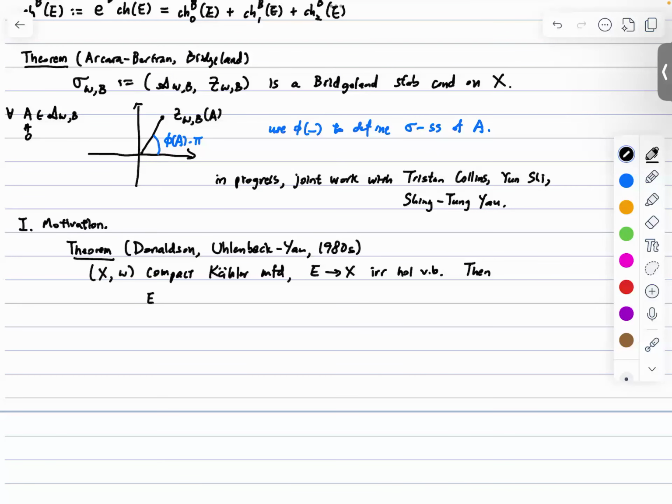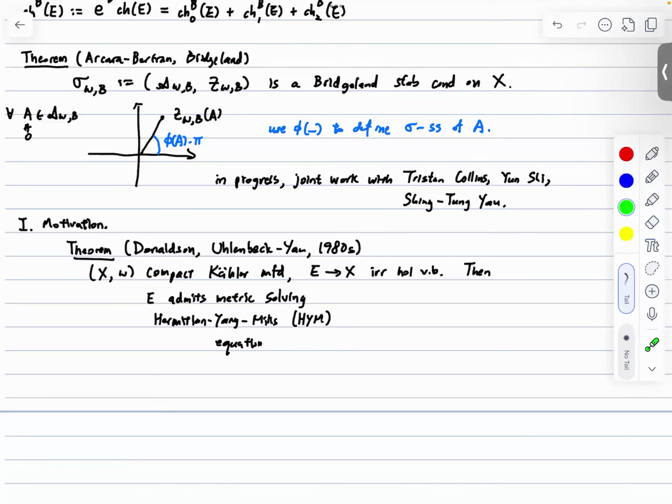So one is the fact that this holomorphic vector bundle E admits a metric solving the Hermitian Yang-Mills equation, or the HYM equation.